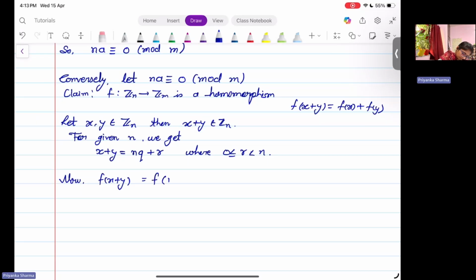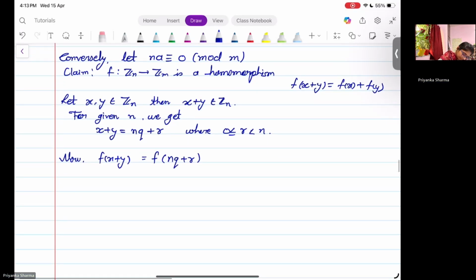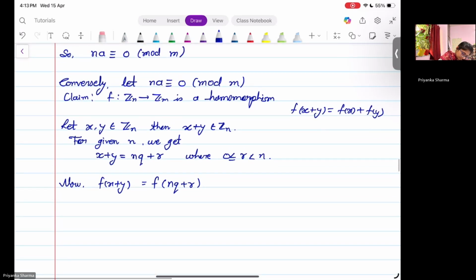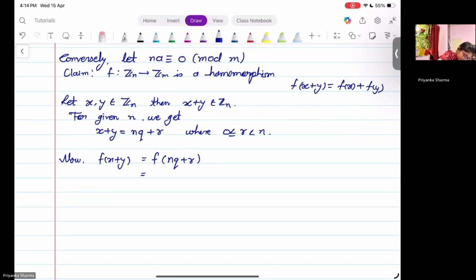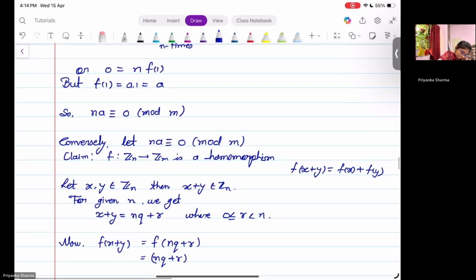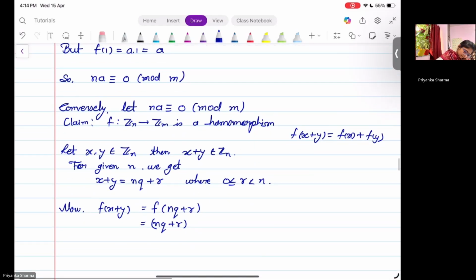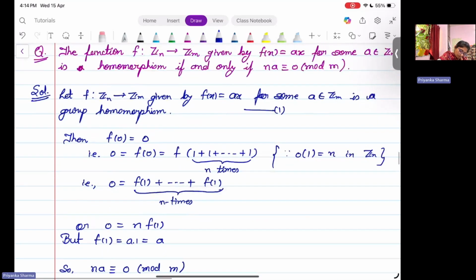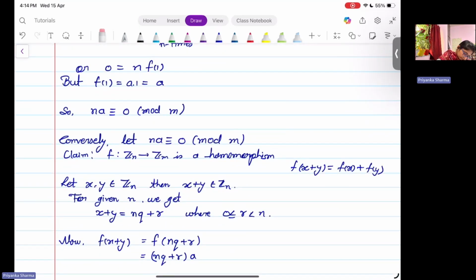This will be f of nq plus r, and this will be nq plus r into a, which is the given form of f, by the definition of the function f of x is ax.